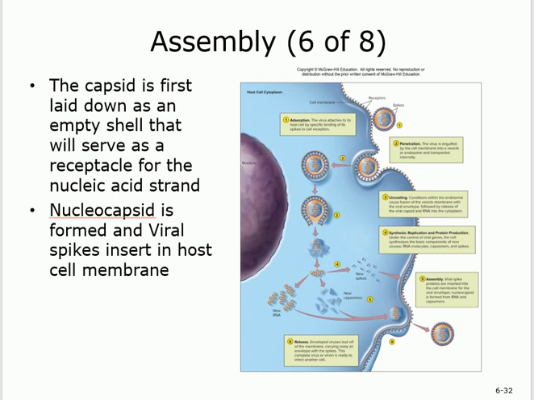So assembly is the next part, which is where you put the nucleic acid together. I have multiple capsids, which are proteins. I have multiple nucleic acids, which are genetic material. When I put them together, we call that assembly. You assemble something, right?